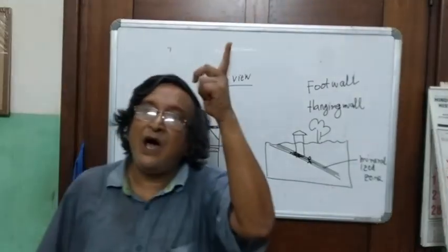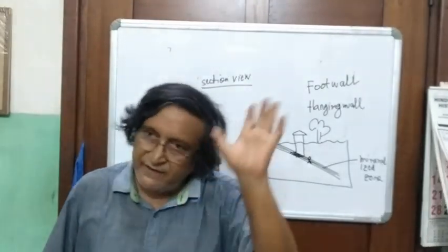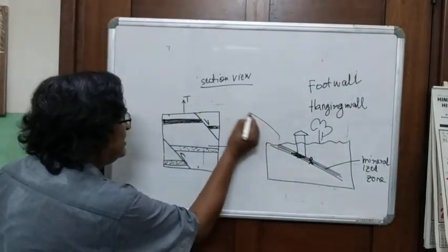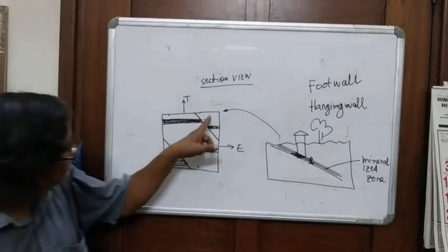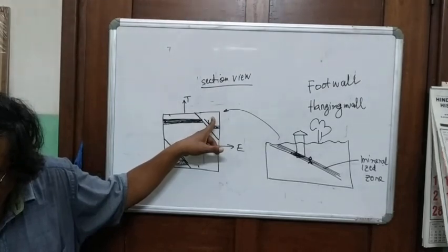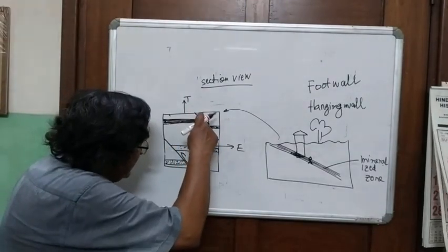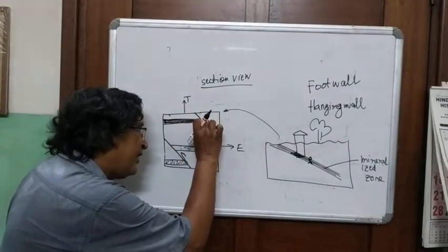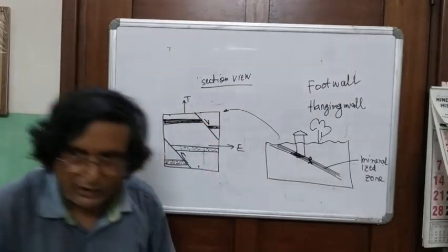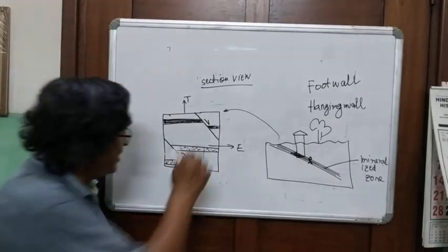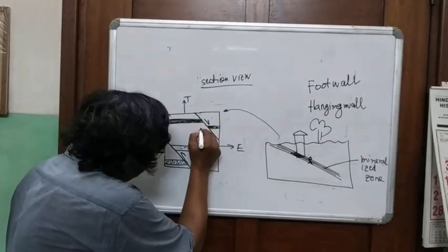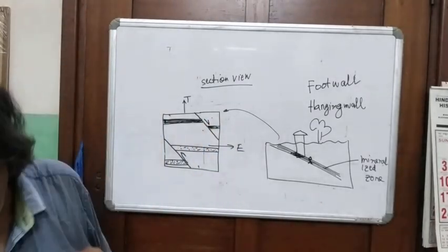So you have a footwall and a hanging wall, given by miners long ago. Now if you transfer this information here, this is the hanging wall. Have you understood it? If there was mining going on here, the miner would have stood with his head on this side. You can't mine with your head down on the floor. You have to stand up and mine. So this is called the hanging wall. And therefore this is the footwall.